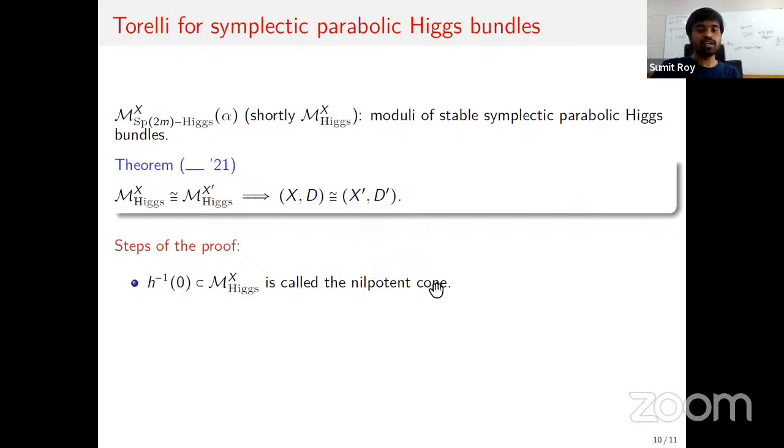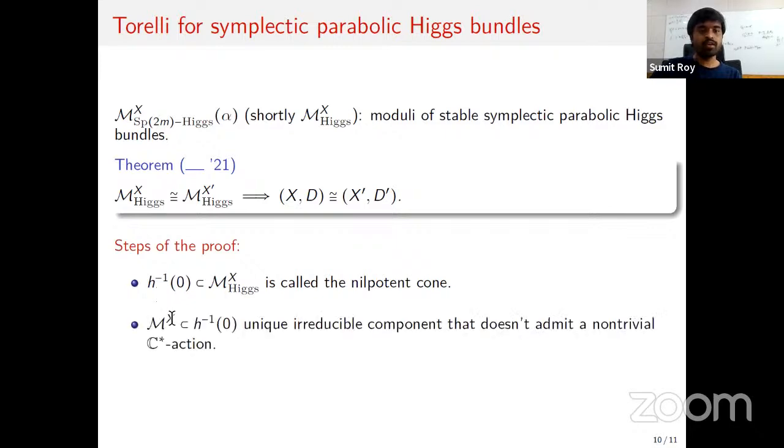That is why it's called the nilpotent cone: in this fiber H inverse 0, the Higgs fields have all the coefficients of the characteristic polynomial equal to 0. This is an extremely important fiber and the most singular. It is absolutely not a non-singular fiber, and it has several reducible components. This fiber H inverse 0 is called the nilpotent cone.